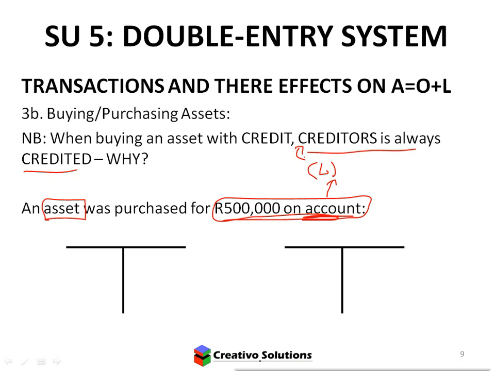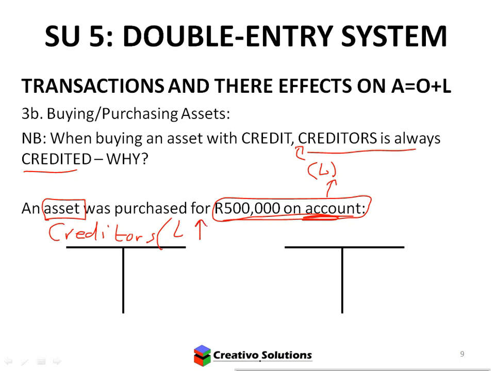Creditors will have a debit or credit. Well, what is it? It's a liability. So if it's a liability, if I'm buying something on credit, am I going to owe more or am I going to owe less? I'm going to owe more. So creditors, you know, is a liability.